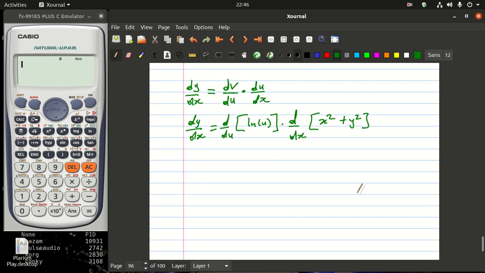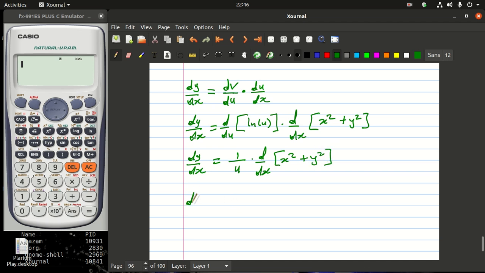And then secondly, I'm still going to keep dy dx, and here I know how to take the derivative. I know that it's going to be 1 divided by what is inside, so we have a u there, times the derivative with respect to x of x squared plus y squared.